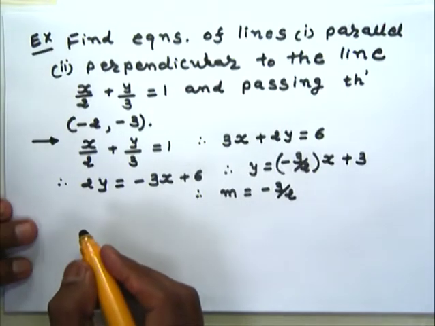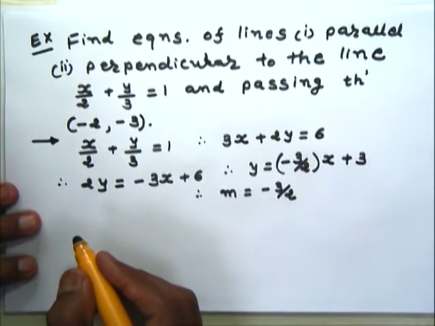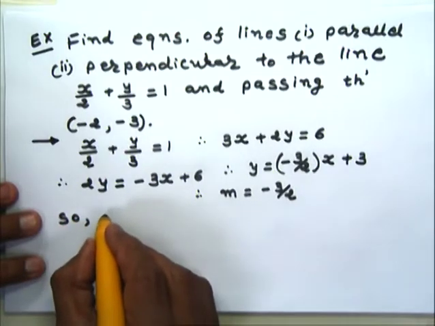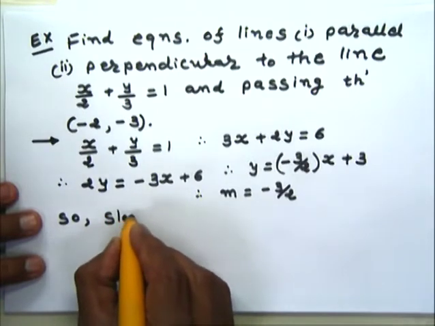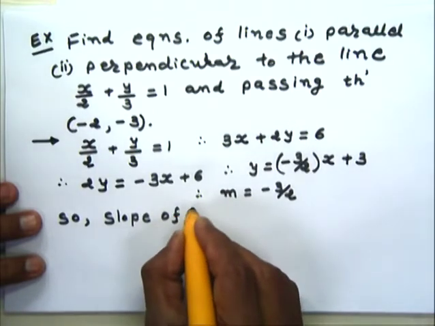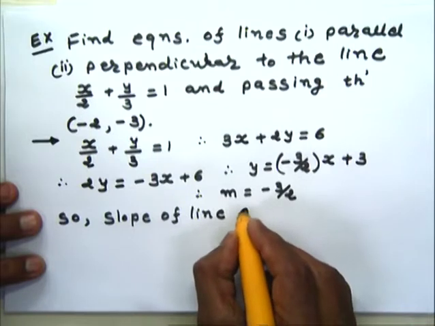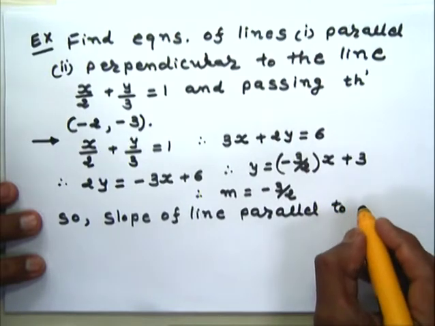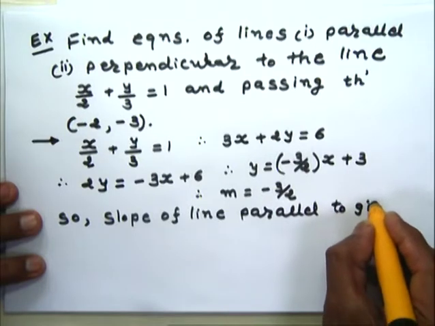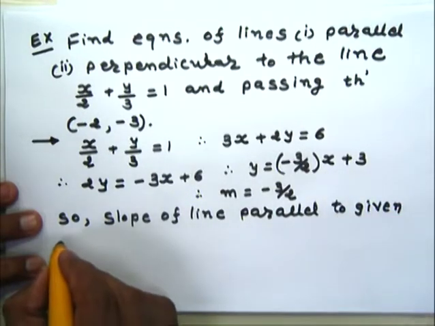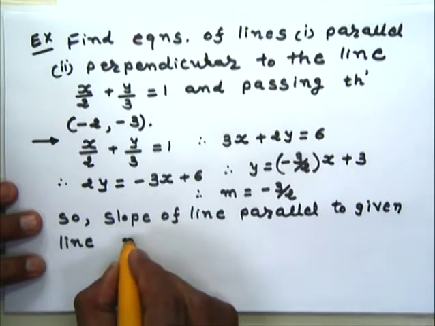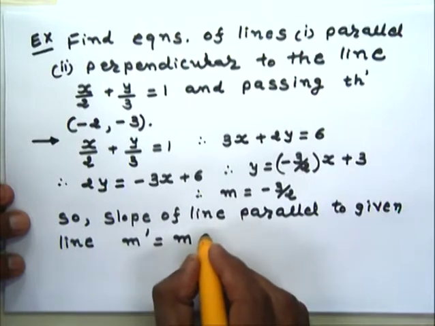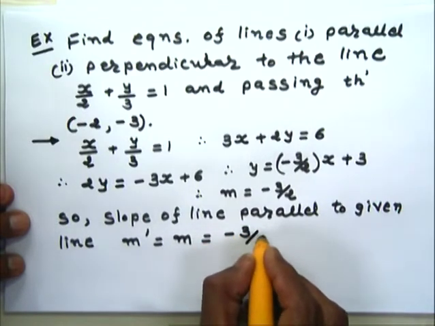We have just seen if two lines are parallel, their slopes are equal. So the slope of the line parallel to the given line, let us call it m dash, will equal m as they are parallel, and the value is minus 3 by 2.